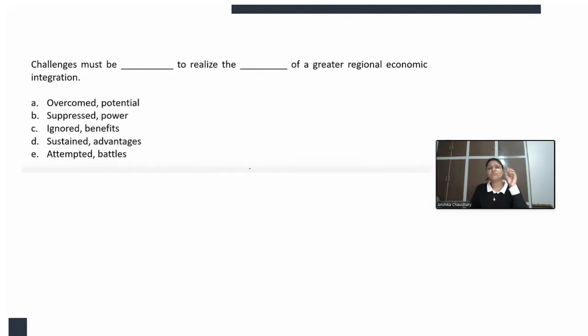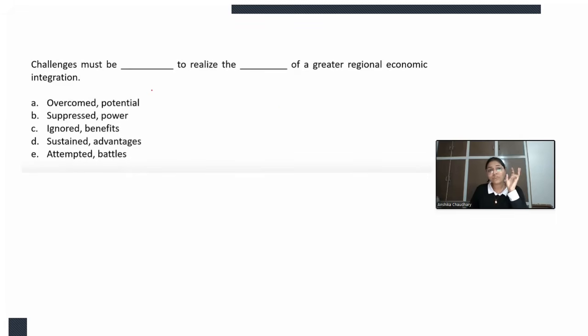Now, most of the times, what you people do is you just find out the first blank and then you put up that option blindly. You don't even check the next blank to see whether it is well fitted or not. And most of the times, you people make mistakes in that, right?